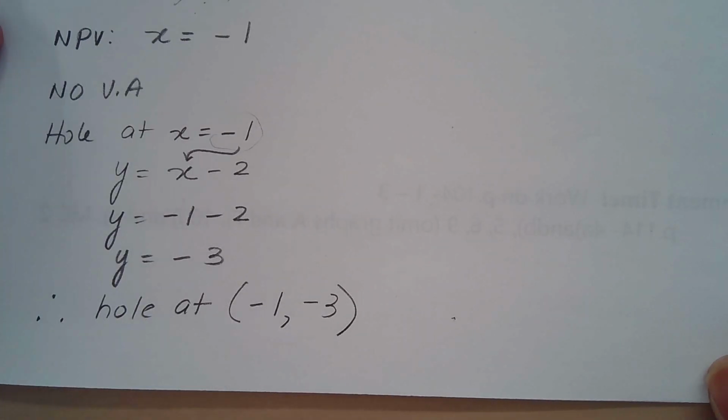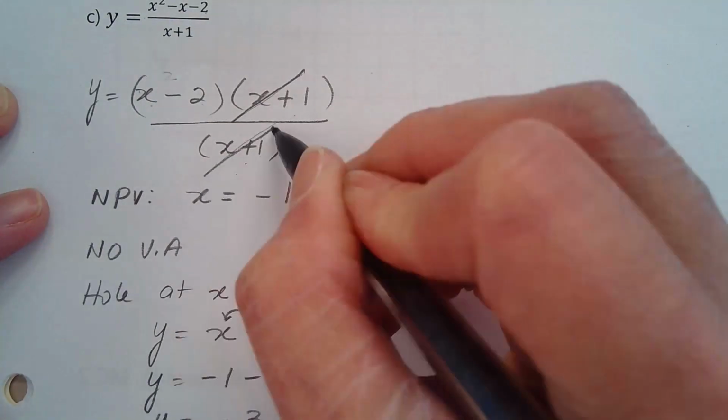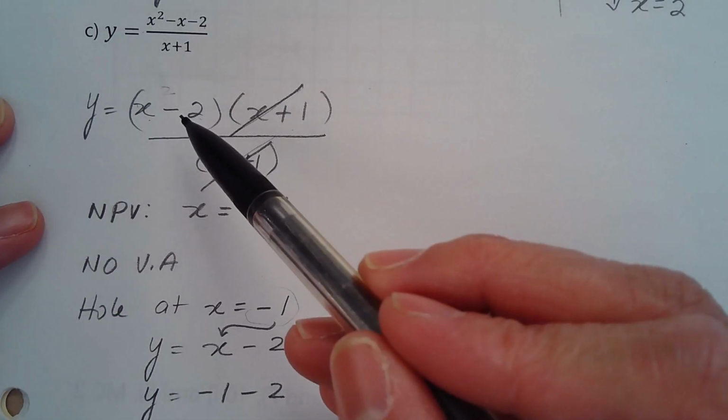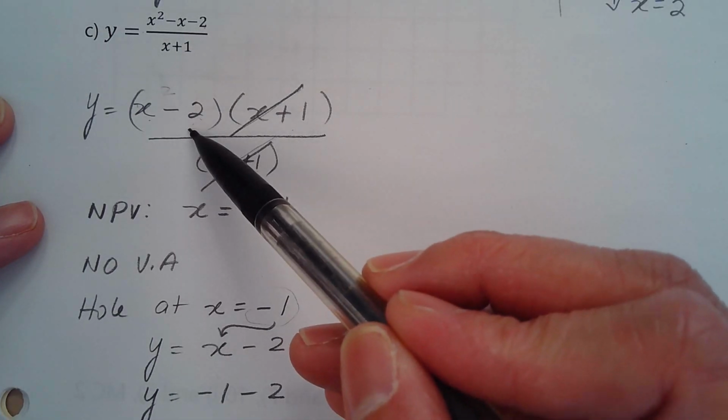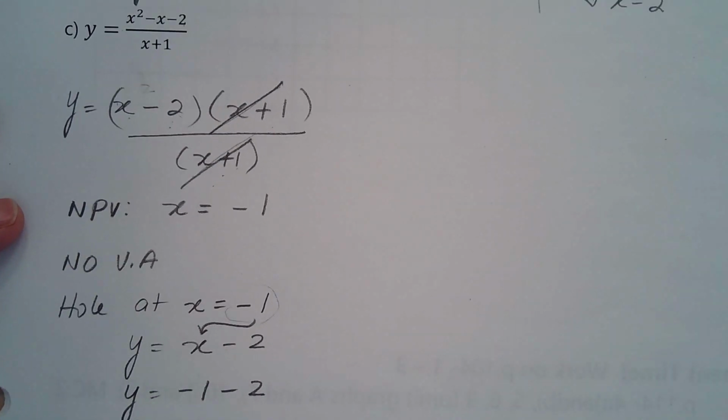Now this one here is completely canceled. When we divide it, we're going to get exactly x minus 2. That's the only line we're going to be left with.